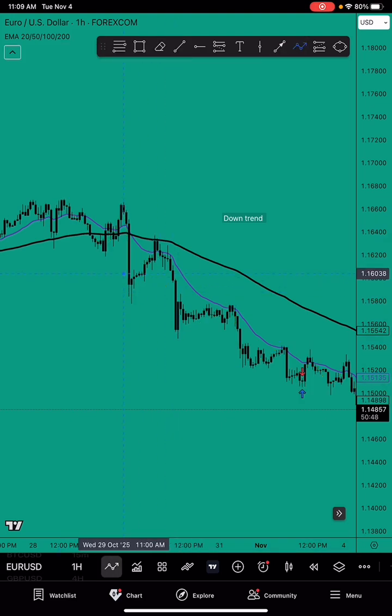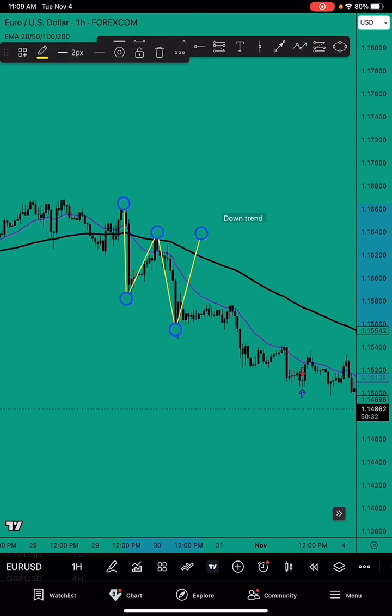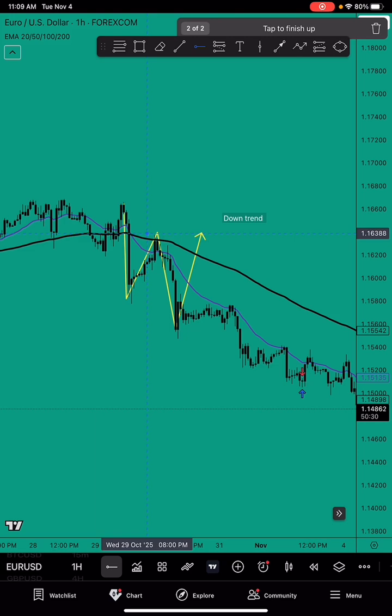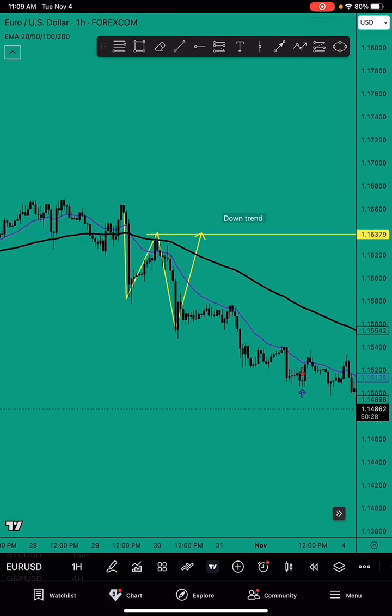So when price makes this low and it goes up and it makes this low, price can pull all the way back. It can even come and make equal highs. But what you don't want it to do is cross this line. Why? Because this is the high that price made. This is the high that it needs to respect.